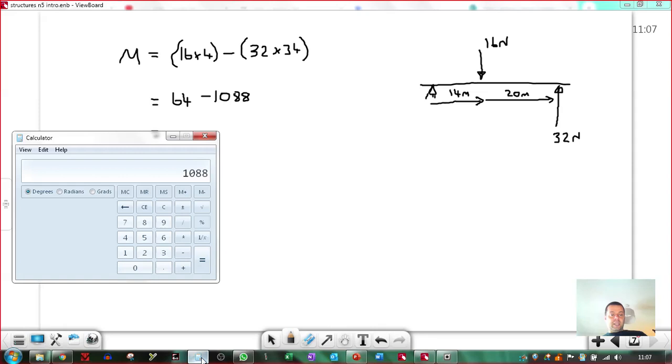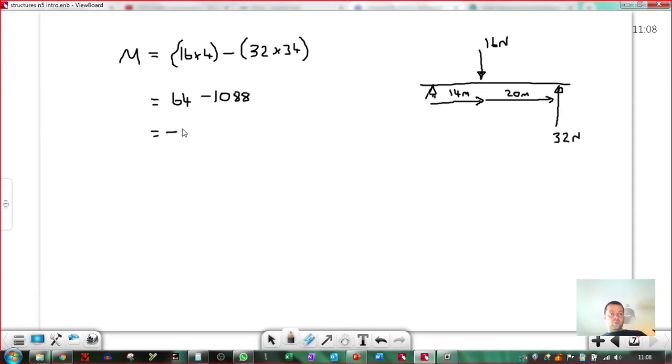This is going to give me a negative number. 64 minus 1088 is minus 1024 Newton meters. Now what does that minus mean? All that minus means is it's an anti-clockwise one. So again, I've got one significant figure in there. So that's 1000 Newton meters anti-clockwise.